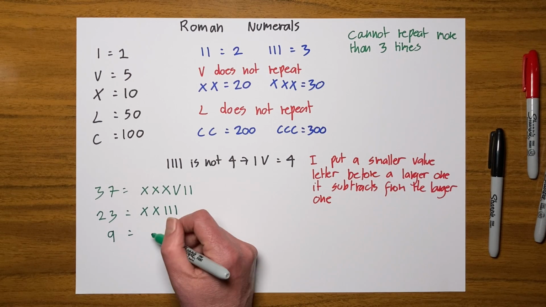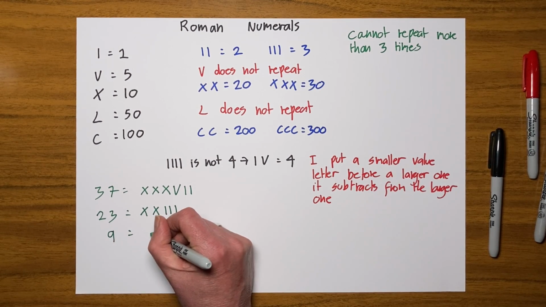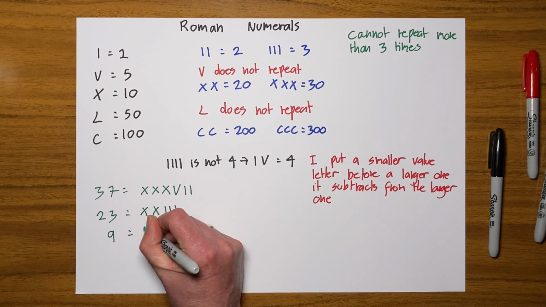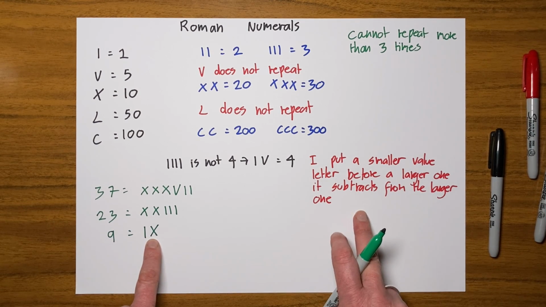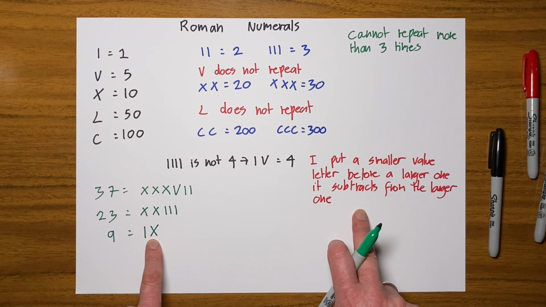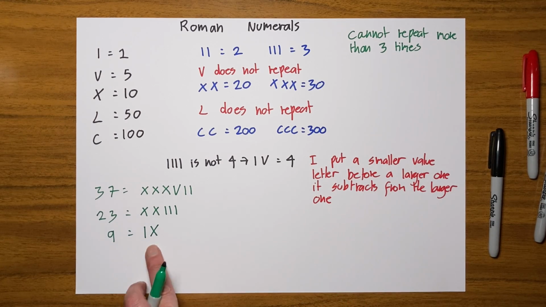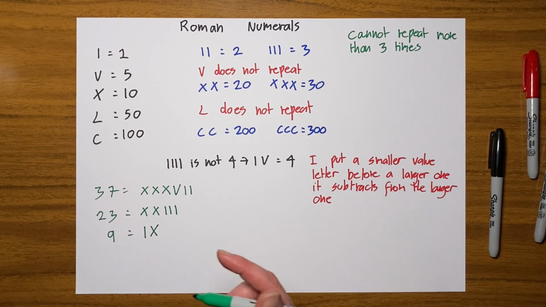So what I have to do is think to myself, well, 9 is 1 less than 10. So there's my 10, and I then put the I in front of it. So that's when that smaller letter goes in front of a larger letter, then we know that we are subtracting it away. So there we go, that's 1 less than 10 for 9.